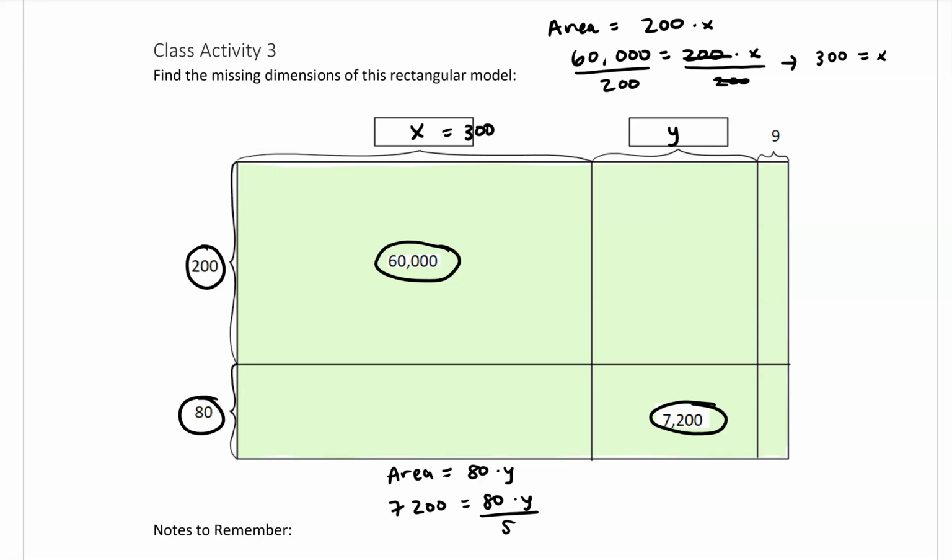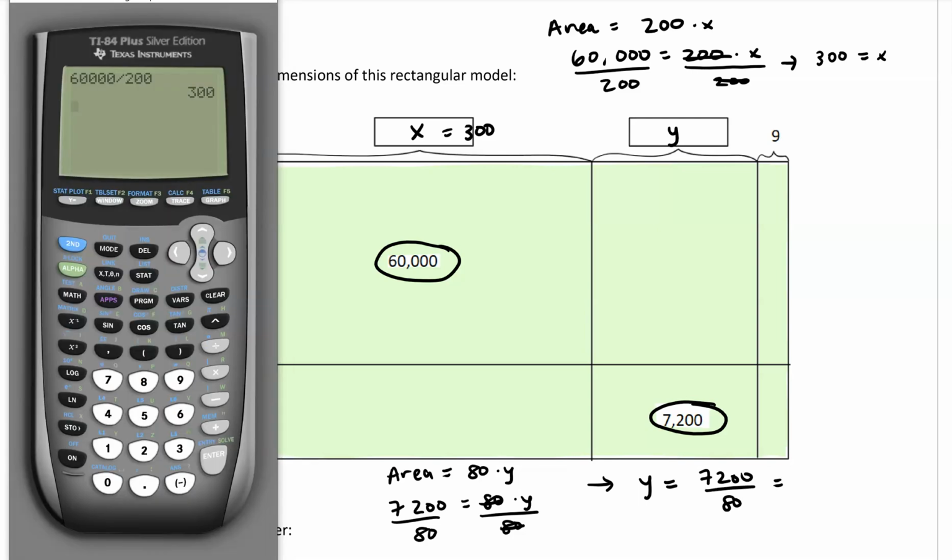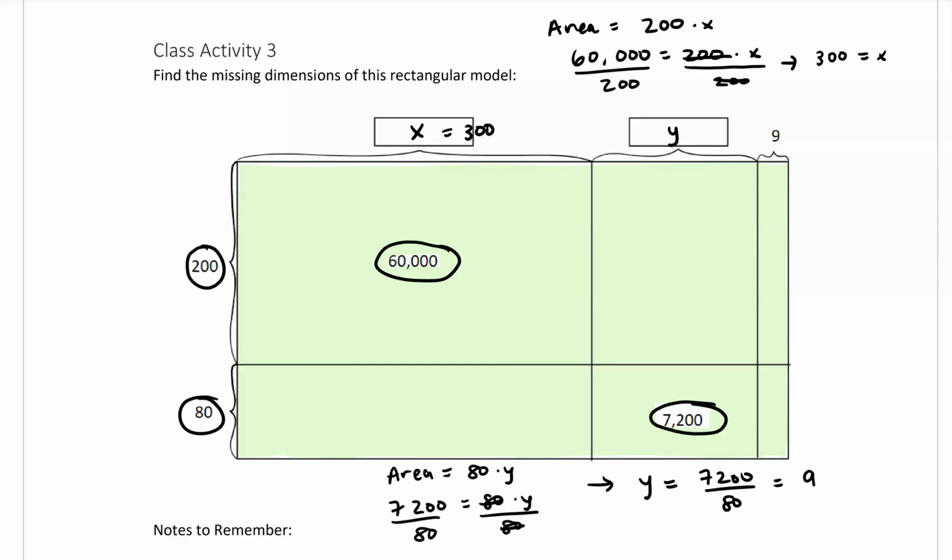And so now I can divide both sides by 80, and that gets rid of the 80 on the right-hand side, and we end up getting the equation y equals 7,200 divided by 80. And if we simplify that, we get y equals 90. So I'm going to put 90 here. So these are our two final answers.